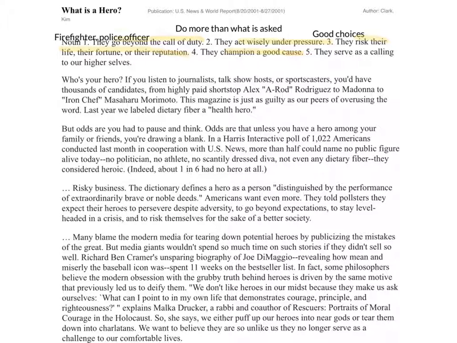So I'm going to put a question mark. I'm going to come back to that. Maybe as I'm continuing to read the text, I can determine what that means. And then they serve as a calling to our higher selves. I think that means the best version of us. How can we be that best version?